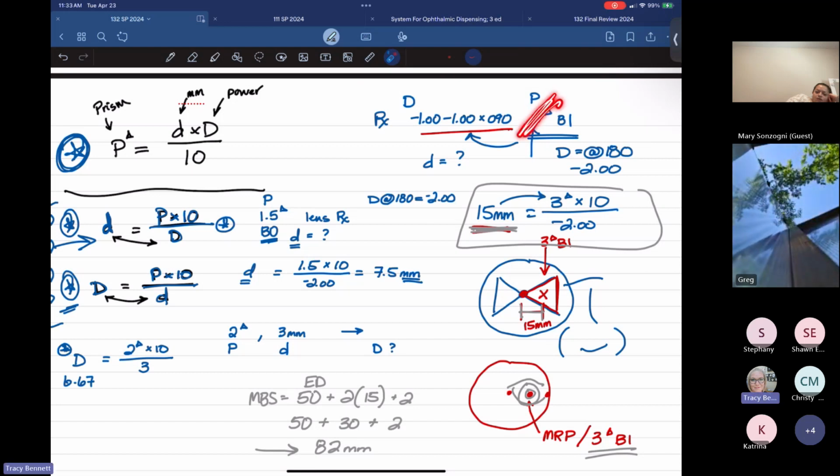If they didn't have this, no problem. Then they need to be looking through the OC. Their eye needs to be right here. But because they have prescribed prism, we actually want them to be looking through a point that is not at the OC.